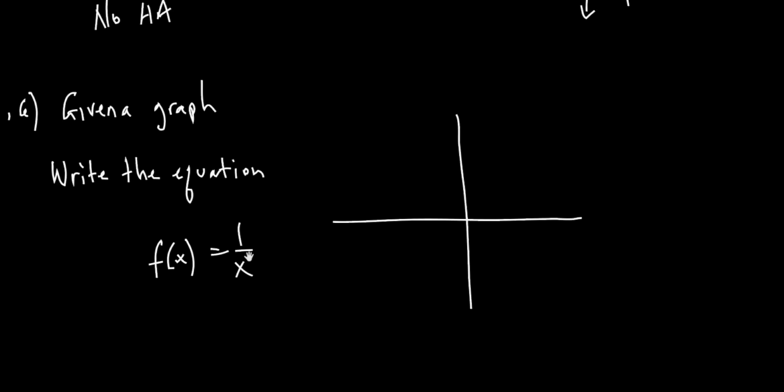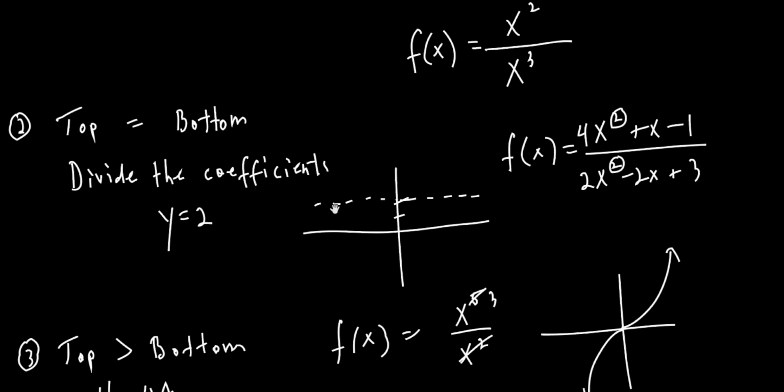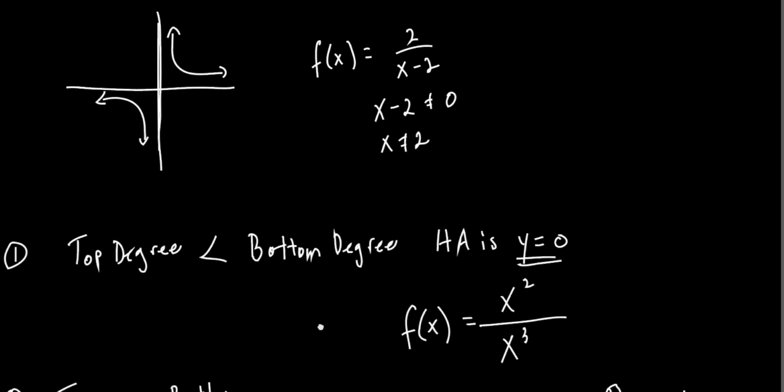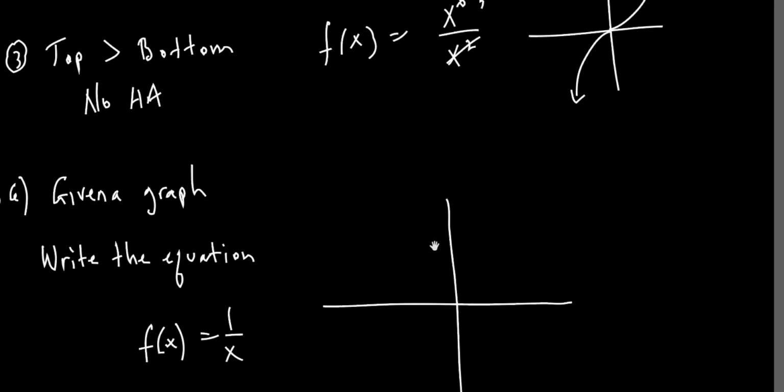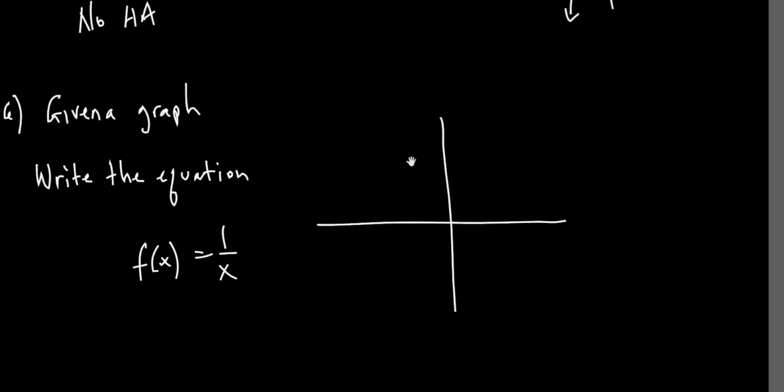Do you agree with that? The degree of the bottom is 1. The degree of the top is 0, right? Because there's no x up there. So what kind of horizontal asymptote are we going to have? Right there, we're going to have y equals 0. I'll just show you the graph first, and then we'll talk about that. I should have done that first.